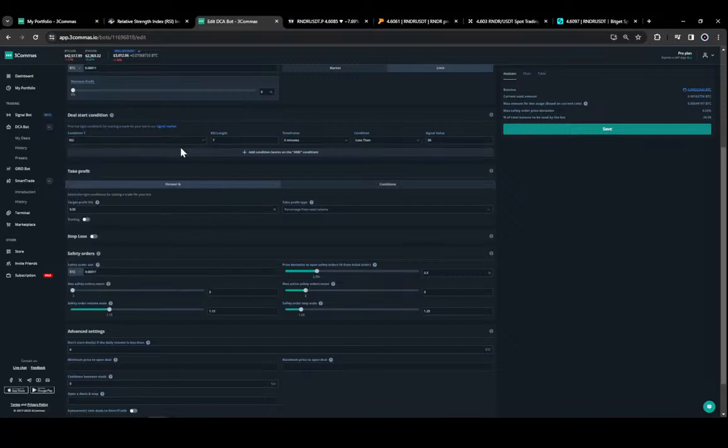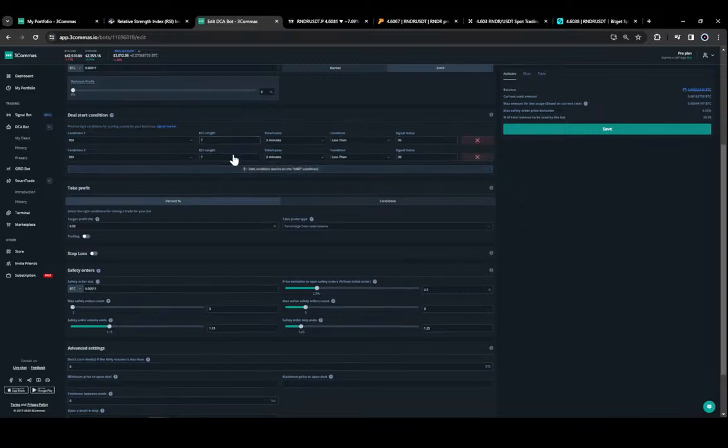Even just for RSI, you can see there is the length, time frame, and the value. And you can nest them. So for example, I could do something like this, right? And there are many others.